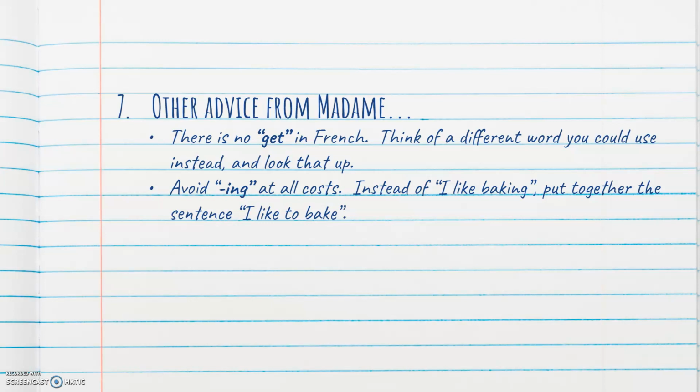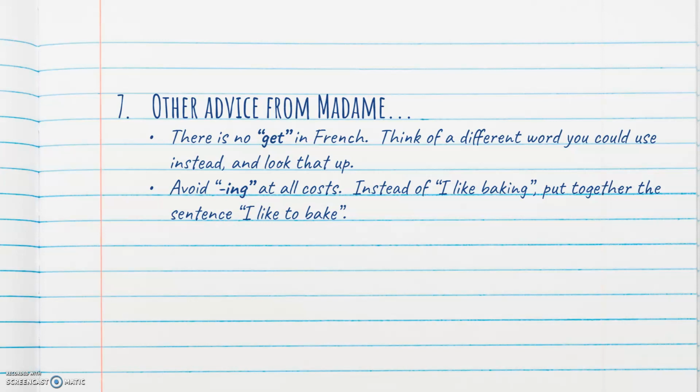We use it in all different ways, and you're not at the point yet where you can distinguish how it's being used, and more importantly, how the French would put that together. Because in most cases where we would use an ing verb, the French simply use the infinitive of that verb. So stay away from ing because you're probably not going to come up with the right thing.